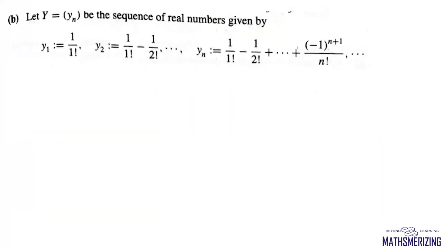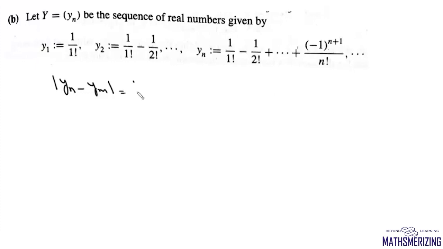Now let us take another question, and it says, let yn be a sequence of real numbers given by y1, y2 and yn, and we need to show that this sequence is a convergent sequence using Cauchy's criterion. Now we find |yn minus ym|.